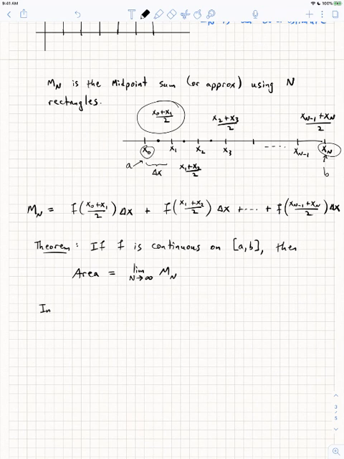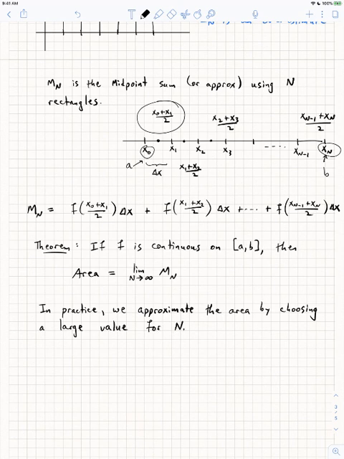Let's write that down. So in practice, we approximate the area by choosing a large value for n.